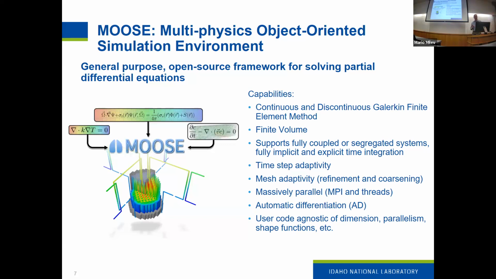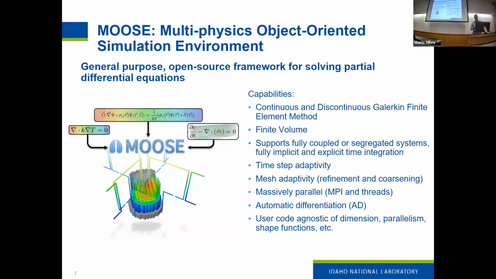A lot of that's already implemented. So folks that are interested in physics and design can focus on that while allowing the framework to handle things like implicit time integration, time step adaptivity, and mesh adaptivity, which have been built into the framework.